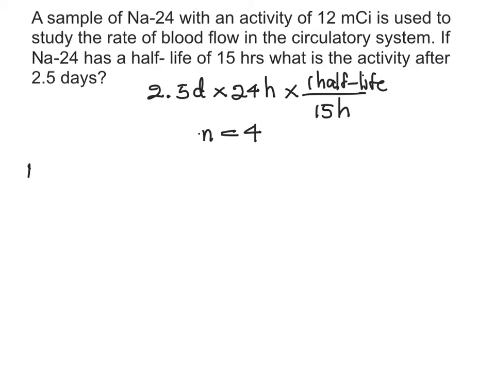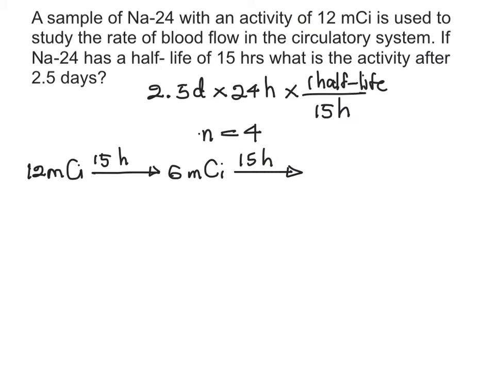So we start with 12 millicurie activity of the radioactive substance, and after one half-life of 15 hours we end up at 6 millicurie activity. After the second half-life we end up at 3 millicurie activity.